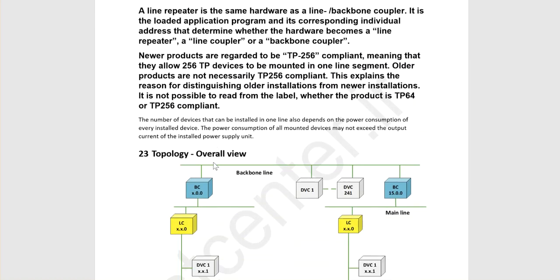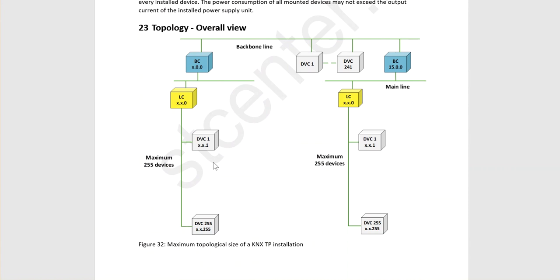Okay, great. So this is the topology nowadays. Each line consists of 256 devices, of course the line coupler included. So without the line coupler, each line can consist of 255 devices, from number 1 to number 255.